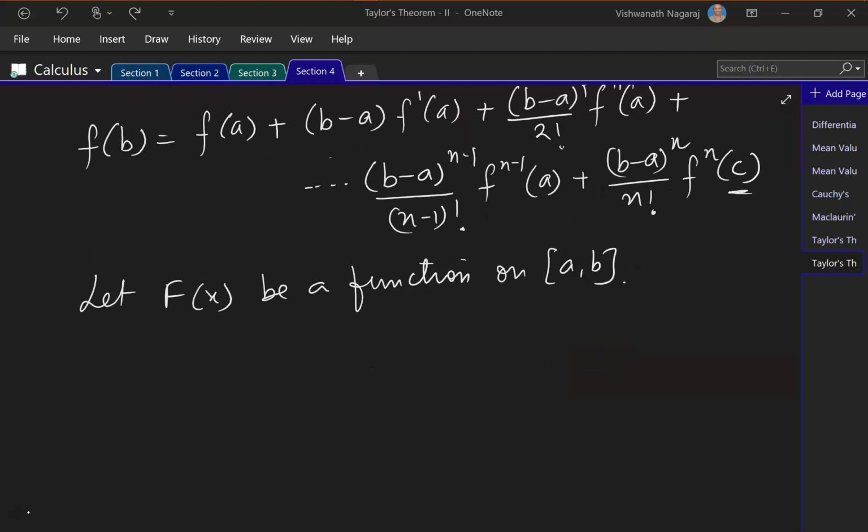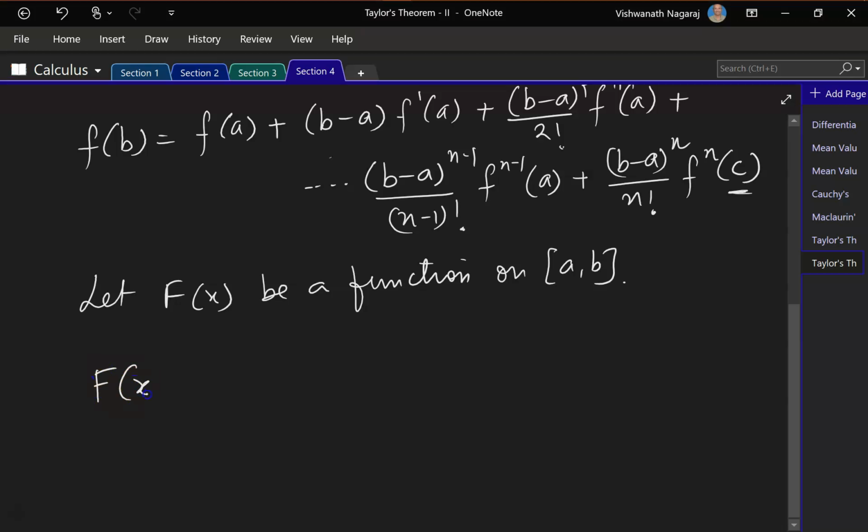Now this function would be such that F of x is equal to, now we're going to take this and subtract all the right hand side. So in another way, we are bringing all the right hand side terms to the left hand side here, and we are saying that is this function, right? So f of b minus f of x.